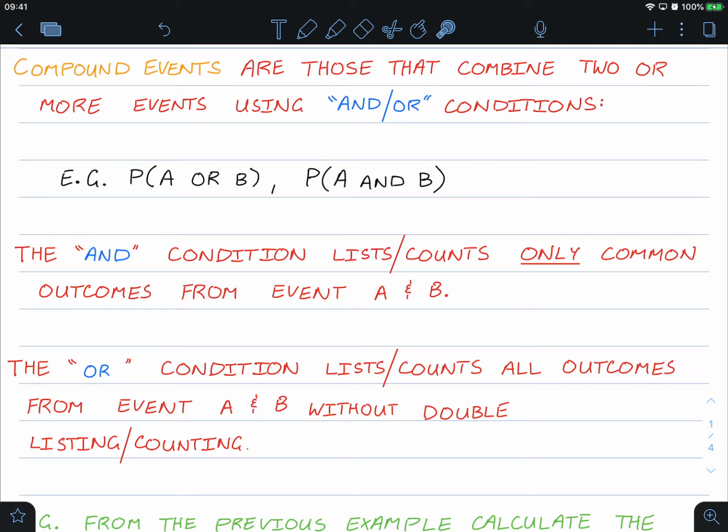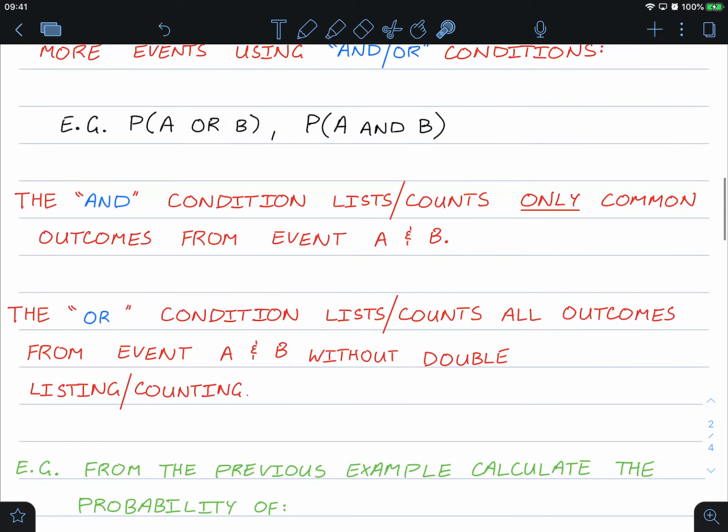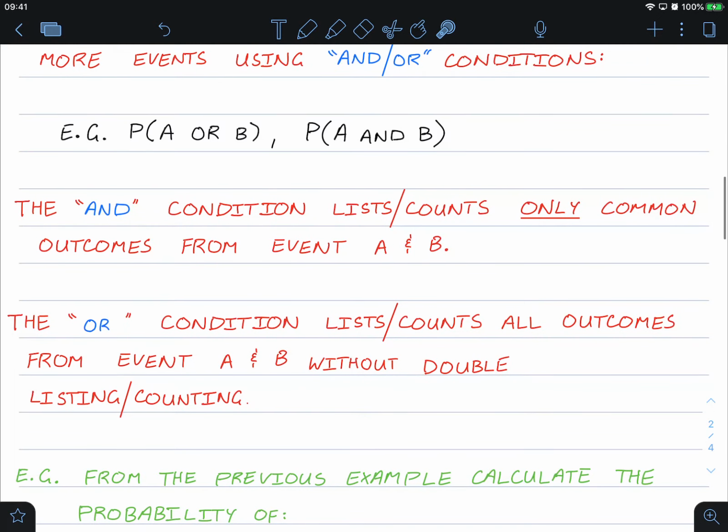Compound events are those that combine 2 or more events using AND or OR conditions. So for example, the probability of A or B, as well as the probability of A and B. The AND condition lists or counts only common outcomes from events A and B. You'll see what we mean in a moment.